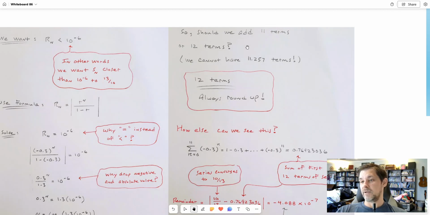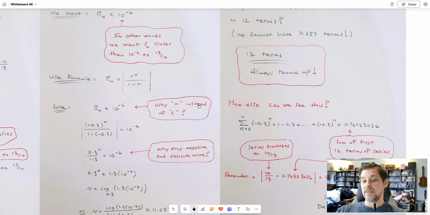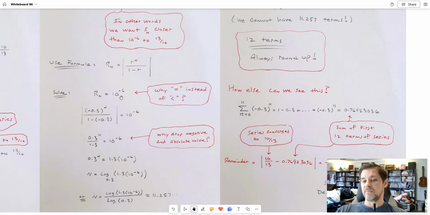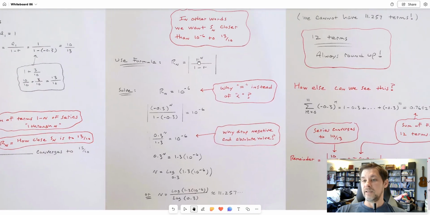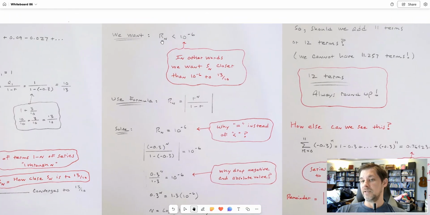But should I round 11.257 to 11 or 12? Well, we'll always round it up. The reason is I set it up to figure out how to make this gap equal exactly to 10 to the minus 6 power. The question was, how do you get it 10 to the minus 6 power or less?